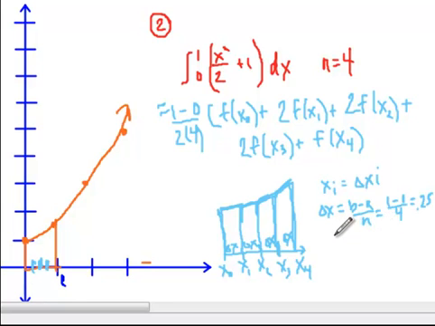Okay, and so now here's the thing, x sub 0 would just be delta x times i, so it's going to be 0.25 times i, which is in this case 0, so 0. x sub 1 would be 0.25 because it'd be delta x times 1. x sub 2 is going to be equal to 0.25 times 2, so 0.5, and you would even see that on this x-axis. You can see that clearly. x sub 3 is going to be equal to 0.75, and then finally x sub 4 is going to be equal to just 1.